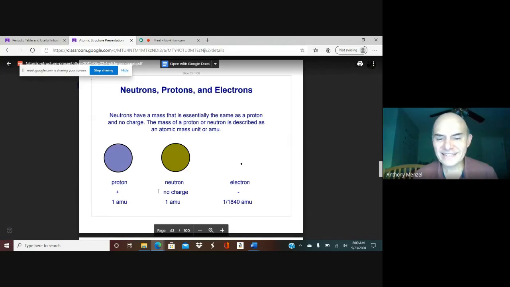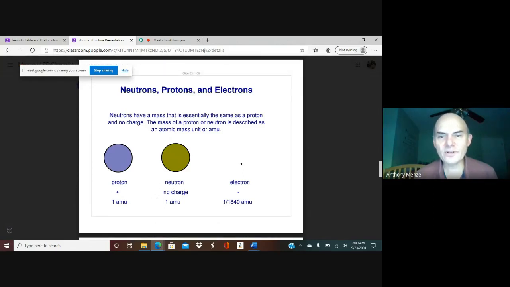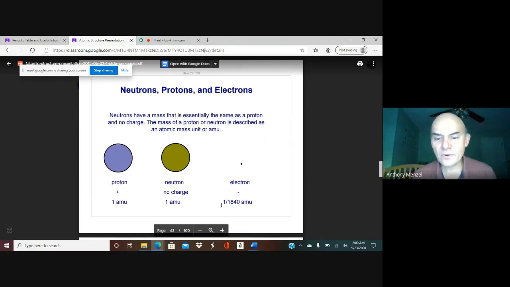The neutron does not contribute charge and therefore is really not very important most of the time for the atom's chemical properties. However, it does contribute 1 AMU, or atomic mass unit, of mass. The electron is extremely small compared to the neutron and the proton. Therefore, it really does not provide much mass to the atom.